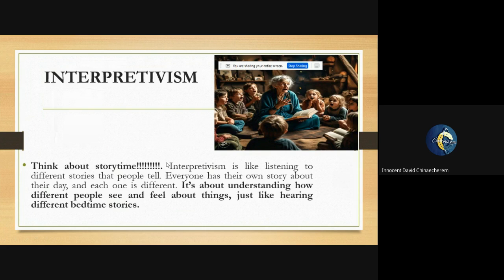Now remember, the ontology of interpretivism is subjective. It's something you cannot see, right? And the epistemology, how you build knowledge, is based on experience. So interpretivism as a paradigm is based on experience. That is how we shape our understanding.